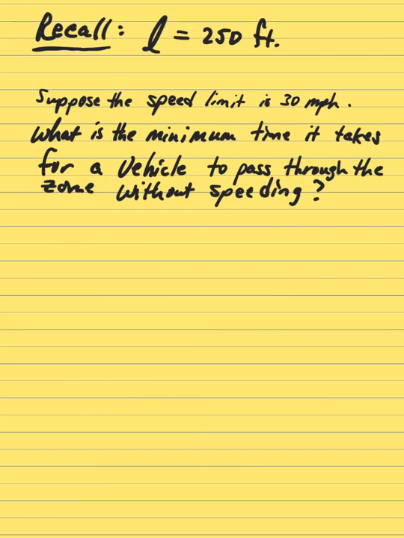Part B of the problem from the previous slide, just recall that the length of the speed zone enforcement area was 250 feet. Part B of this problem, and I didn't have enough room to do it on the previous slide, we're asked to find the minimum amount of time in seconds it takes for a vehicle to pass through the zone without exceeding the posted speed limit of 30 miles per hour, and we're supposed to round our answer to two decimal places.